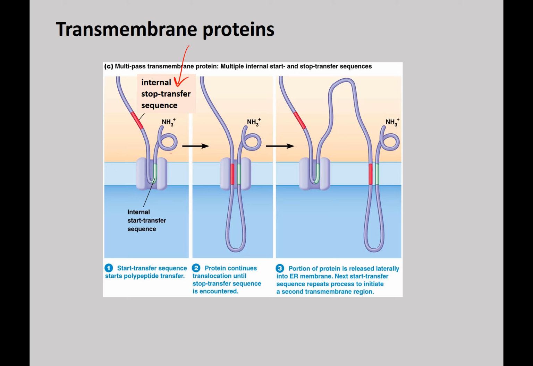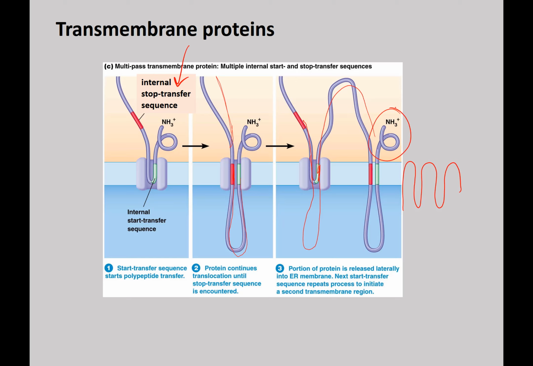So you could do start transfer, and you start transferring, and then you come to the sequence that says stop. So now translation is happening outside, and then you come to another sequence that says start, so you start feeding it in and then stop. And so you can imagine how you can make these multiple transmembrane proteins. Okay.